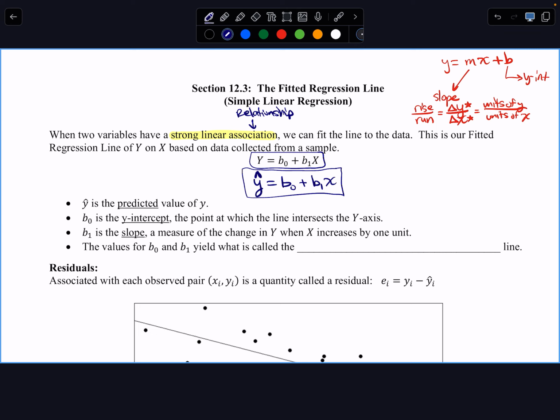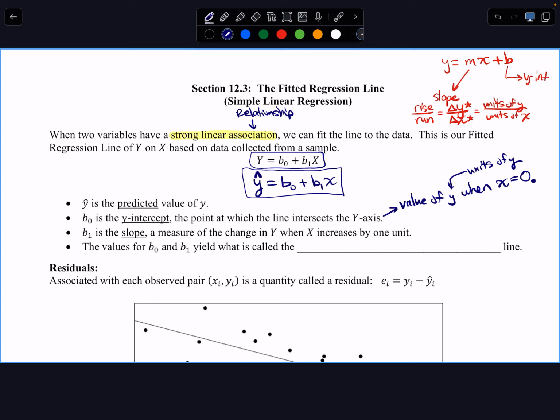B sub 0, notice it's kind of the opposite ordering from where we use y equals mx plus b. B sub 0 is by itself, so that's your y-intercept, right? It's the value of y when x equals 0. So the units of that would be the units of y, whatever your y variable is, all right?